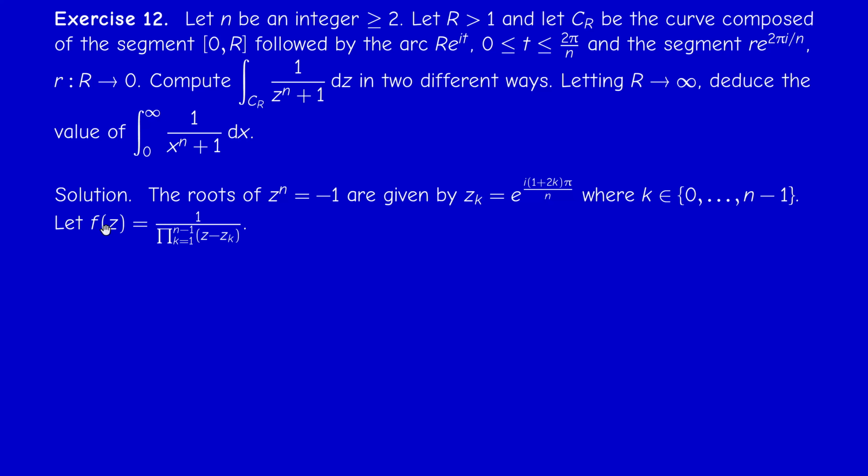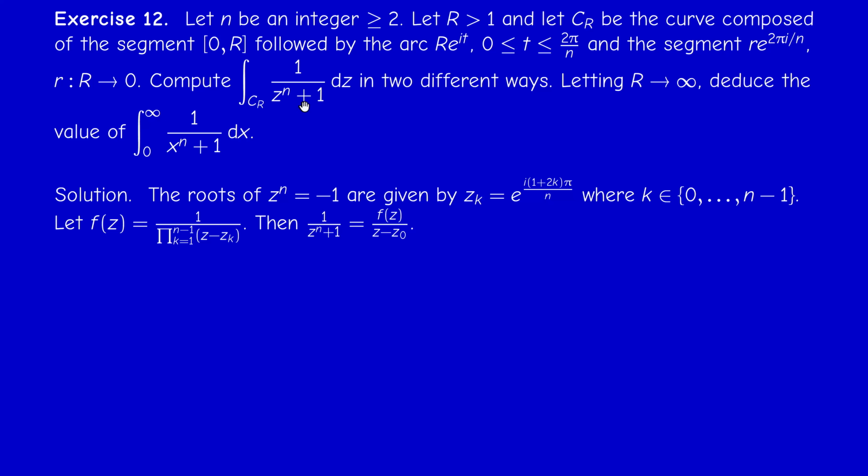And therefore I can write f of z as 1 over z^n plus 1, which can be written as 1 over the product over z minus z0, because there is a factor missing here.